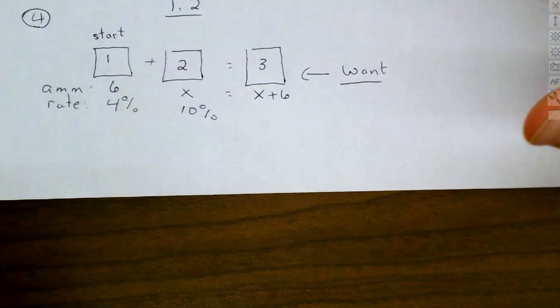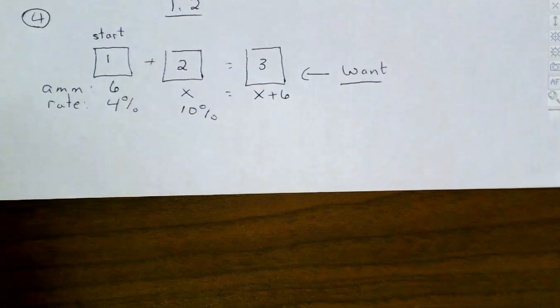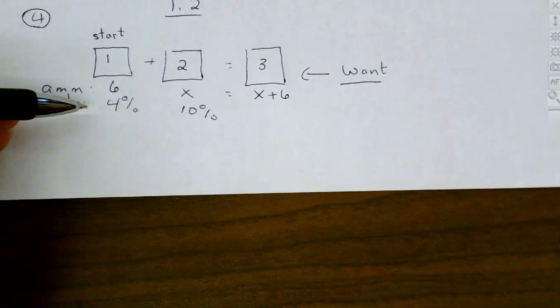Now, what about the percentage rate? What do we want to end up with? We want to take a 4%, mix it with a 10% to get out a 6%, right? That's what we want. If we read it, it says, in a chemistry class, 6 liters of a 4%. So that's here.